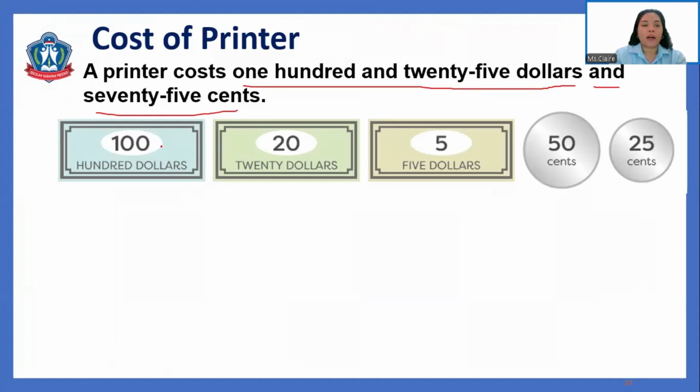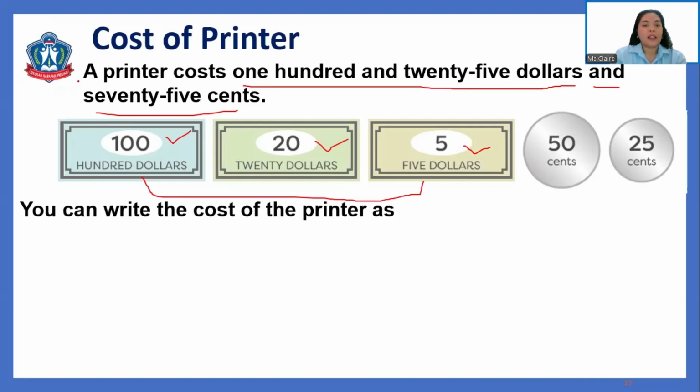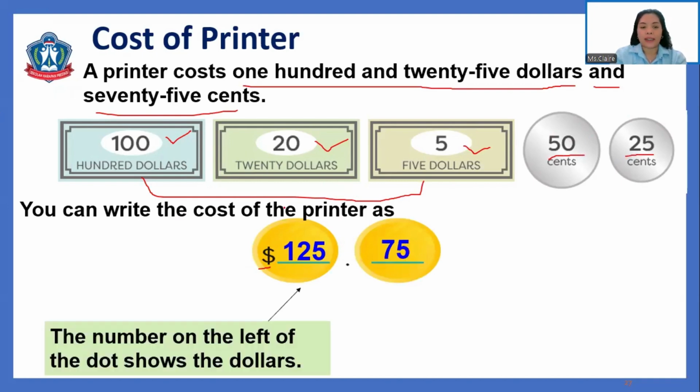So we have here $100, we have $20 and $5. So the total is $125. You can write the cost of the printer like this. Remember this is the dollar sign. So that is 125, and this 50 cents and 25 cents, the total is 75 cents.